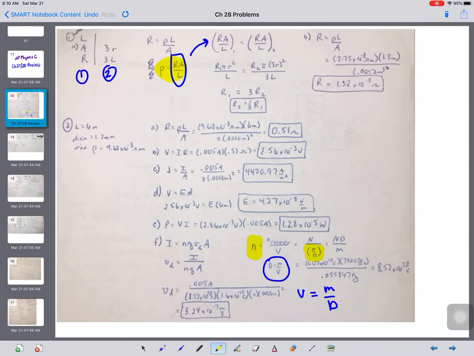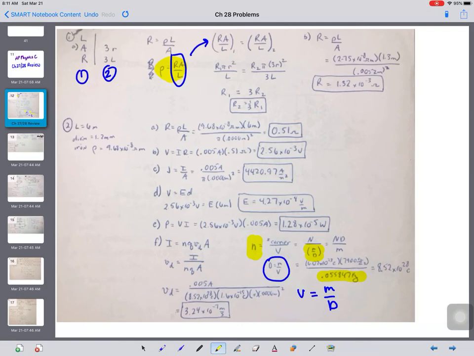Then doing a little bit of algebra to invert, I've got capital N times the density over the mass. So if I plug in a mole, 6.02 times 10 to the 23rd electrons, then the mass I need on the bottom is the molar mass of iron. Periodic table, you can get that.